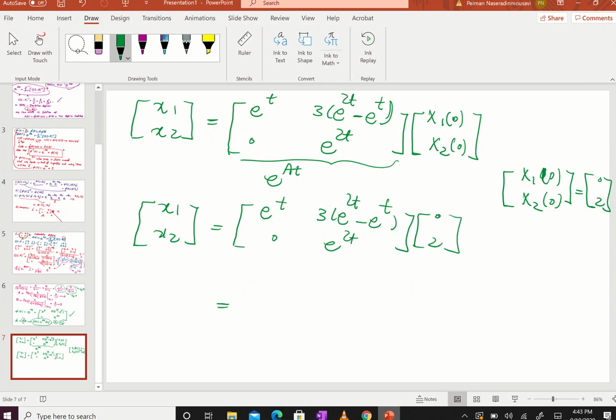So your x1 and x2 become this times 0, this times 2: 6e^(2t) minus e^t, and 0 and 2e^(2t).